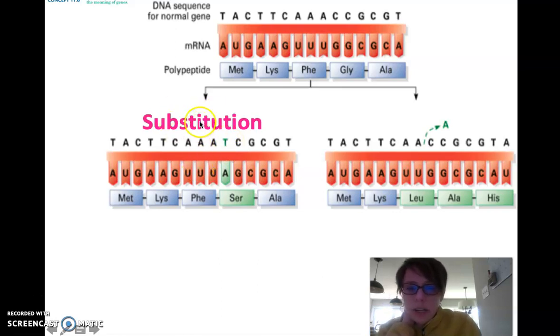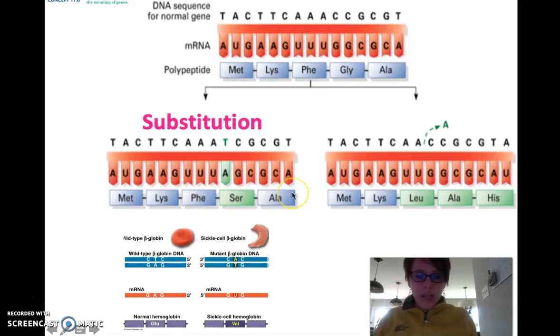So let's go ahead and write substitution down there. So you should have an adenine in this DNA sequence, and you don't. There's a thymine. Well, that's going to change the mRNA sequence, which is going to alter the amino acid. So instead of having a glycine, there's a serine in the polypeptide chain.